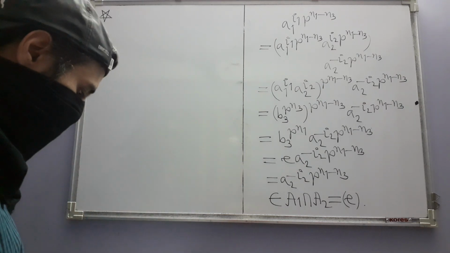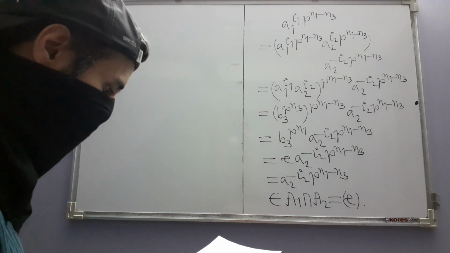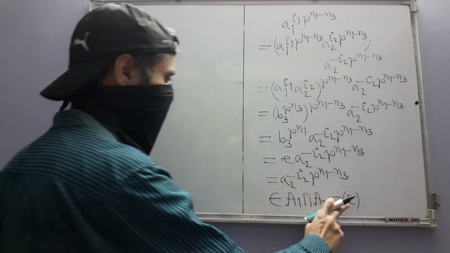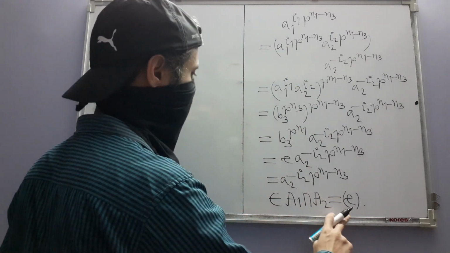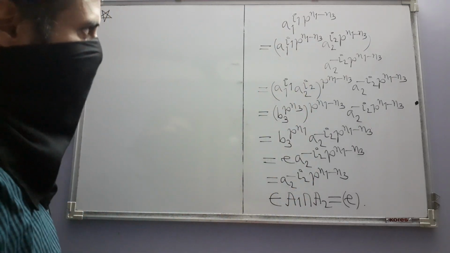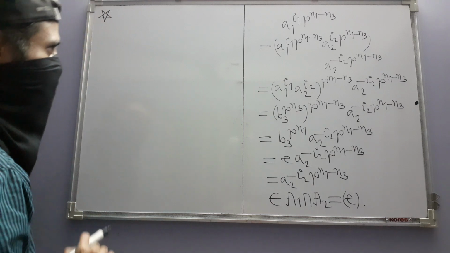Alright, so from this what are we going to get then? Oh, so this just simply, of course this and this will both be equal to identity, but right now we need the fact that this is identity.